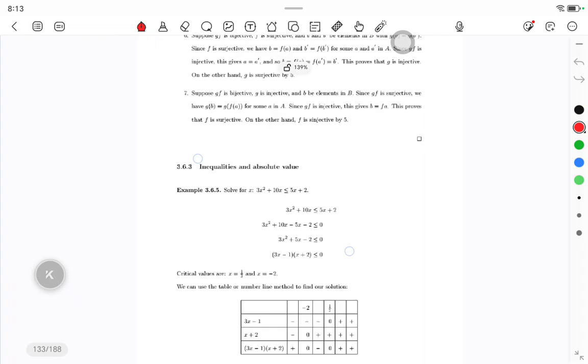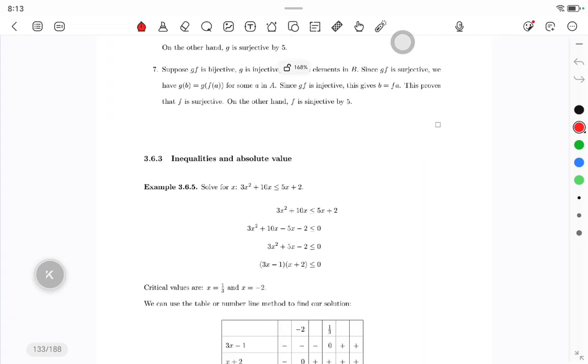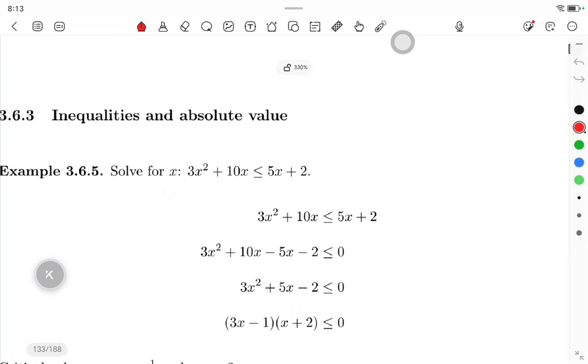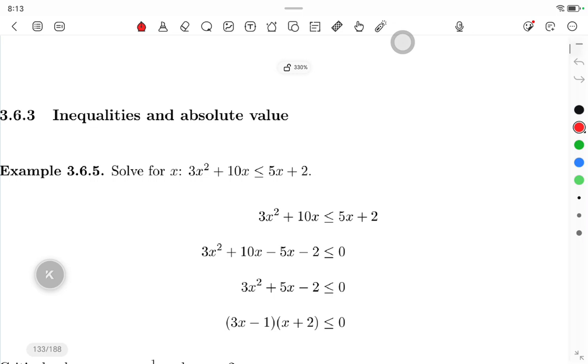So if we come to the inequalities and the absolute values, most of the time we're given signs like greater or less, greater or equal to, less or equal to.